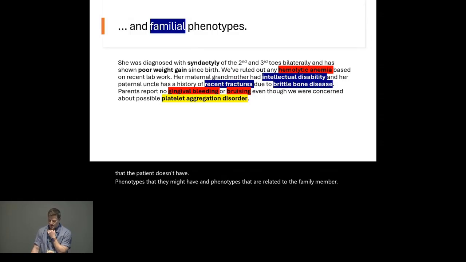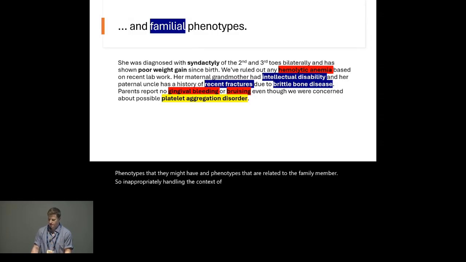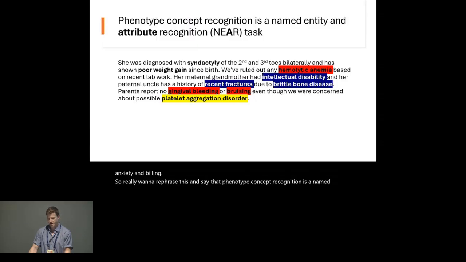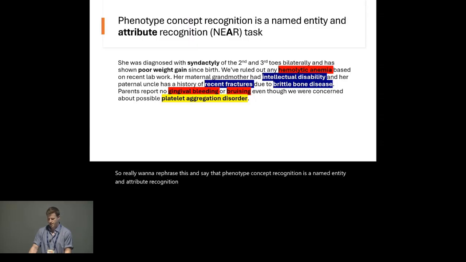Inappropriately handling the context of these phenotypes can extend a patient's diagnostic odyssey and potentially result in unnecessary test orders that affect patient safety, anxiety, and billing. So I really want to rephrase this and say that phenotype concept recognition is a named entity and attribute recognition task, and shift the focus and put equal weight on both the phenotype recognition and the context attribute.